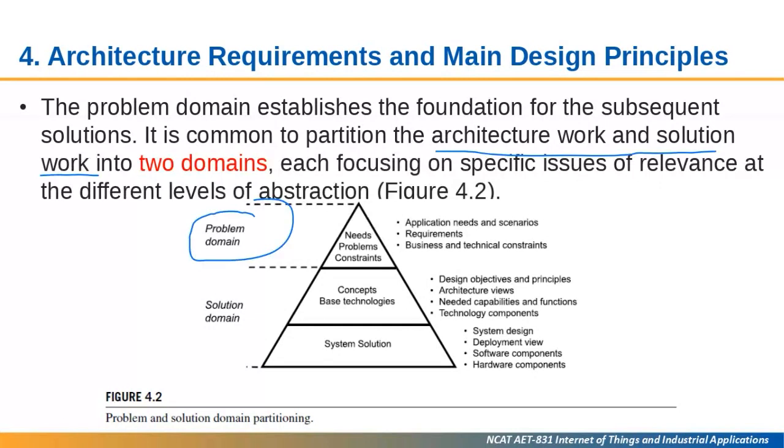The problem domain comes from the needs, basically what you want to solve, the problem based on your resources. In the function domain, we will have a concept and base technologies. For example, we may have Wi-Fi and Bluetooth as our base, which are important input into the solution domain. And then based on that, we'll create a system solution.